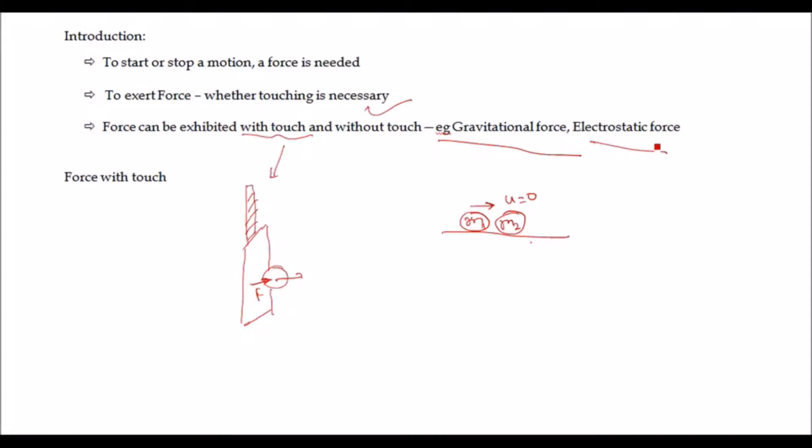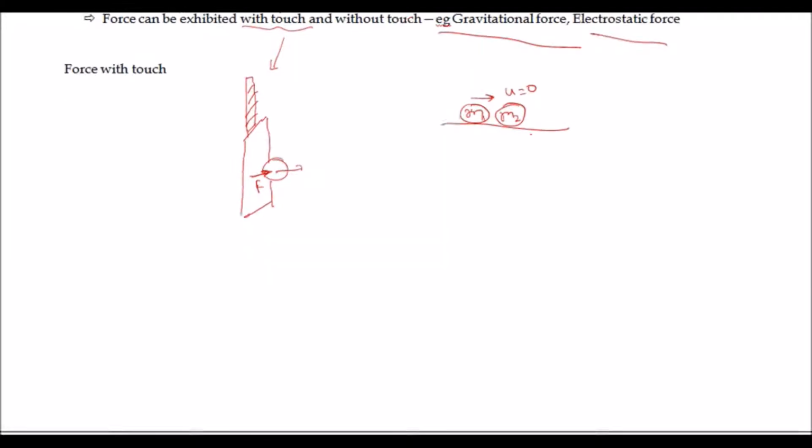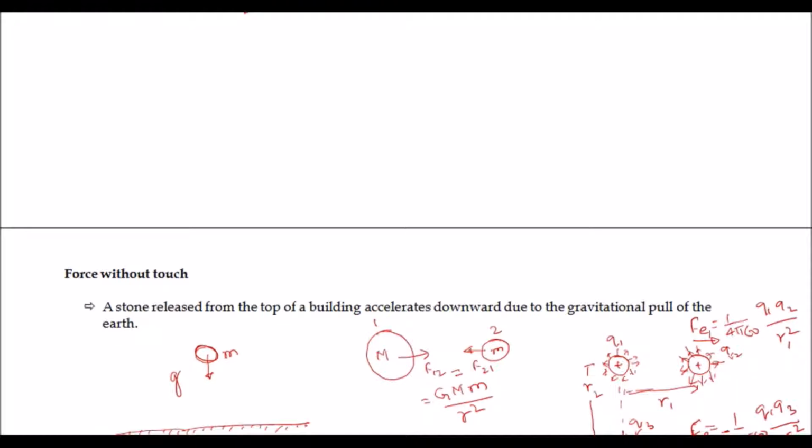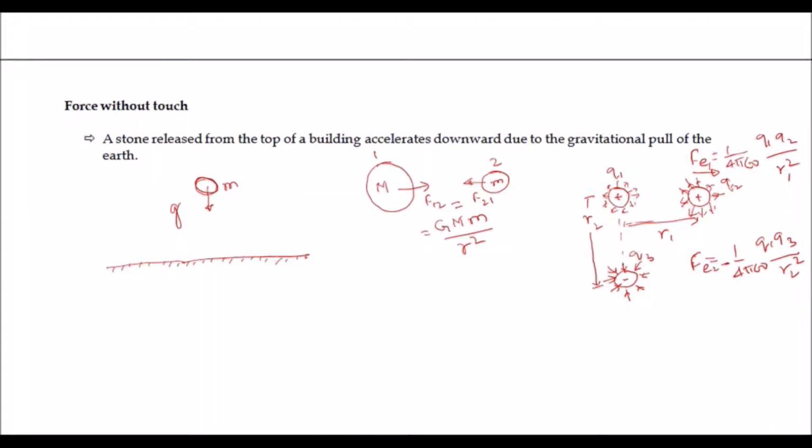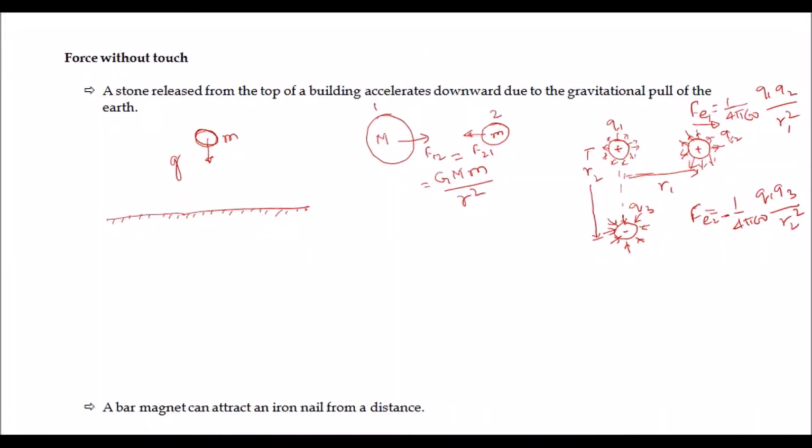So basically it's a gravitational force which is responsible for the movement of the ball towards the floor. In a similar way, two similar charges repel each other and two opposite charges attract each other. So these are the forces without touch. It's shown in the three diagrams.